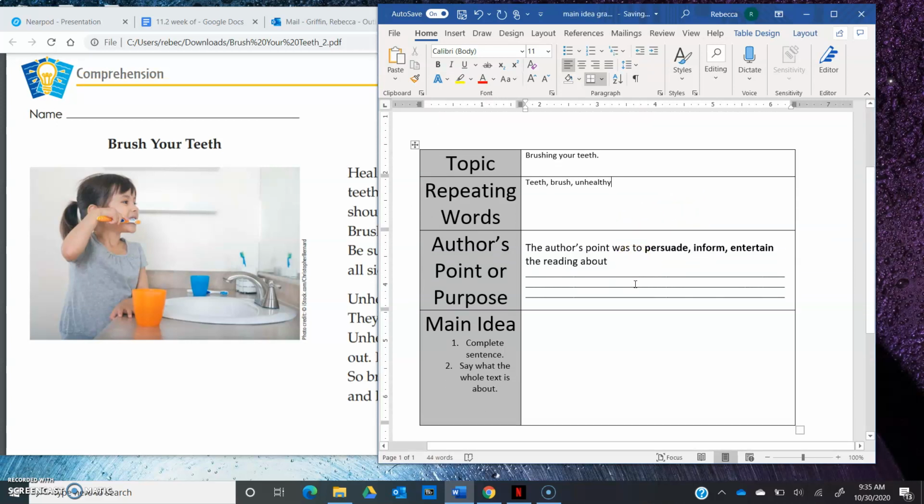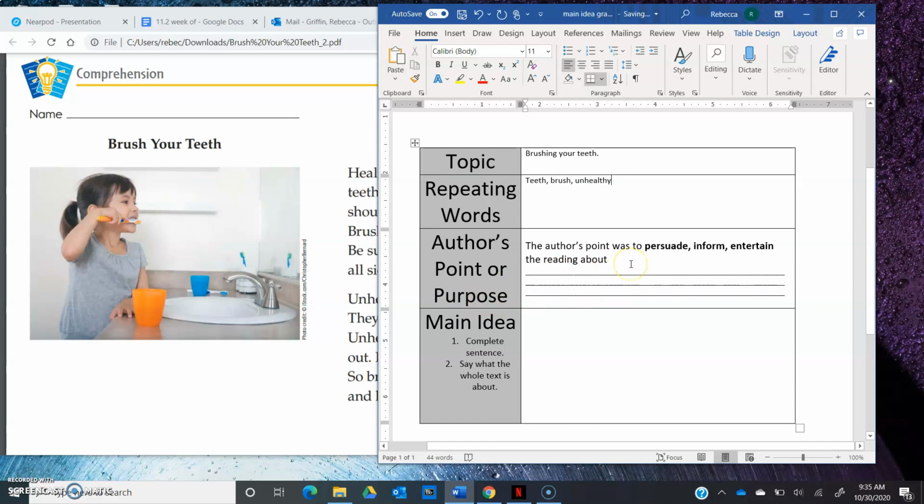Okay, now I need to decide the author's purpose. Was it to persuade me, to inform me, or to entertain me? I know it wasn't to entertain me. I don't think the author was trying to make me laugh or have fun. And I don't think they were trying to convince me to do something. I think they were trying to inform me about what it looks like to brush my teeth in the right way.